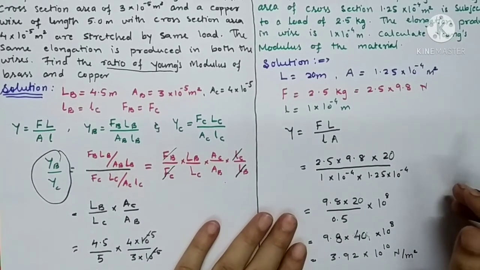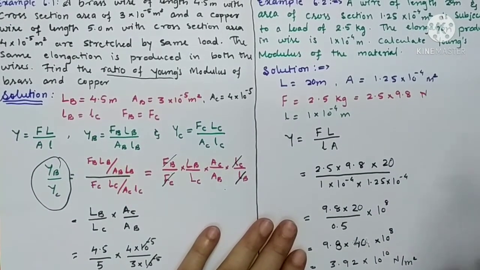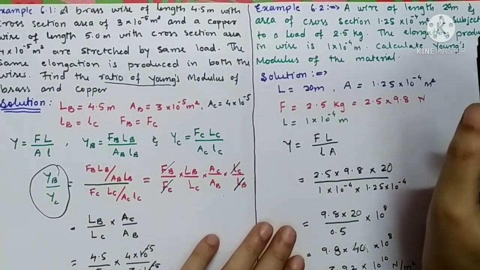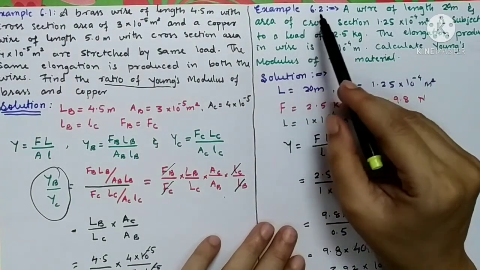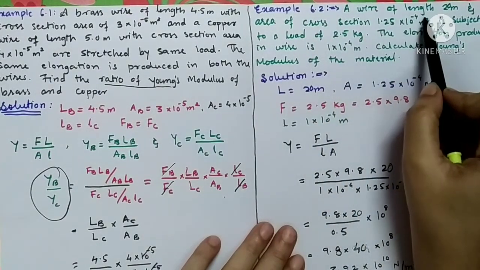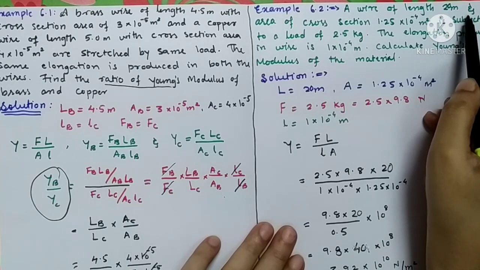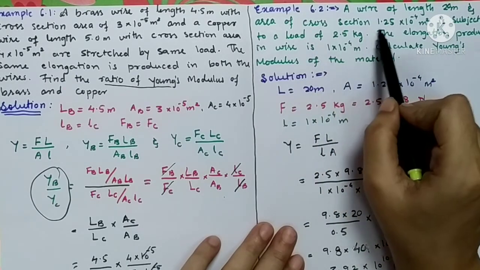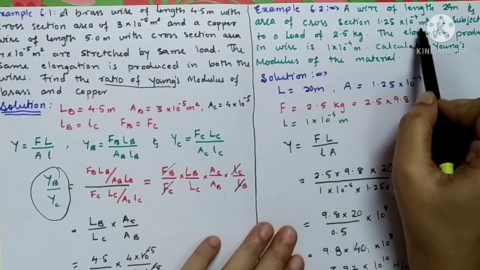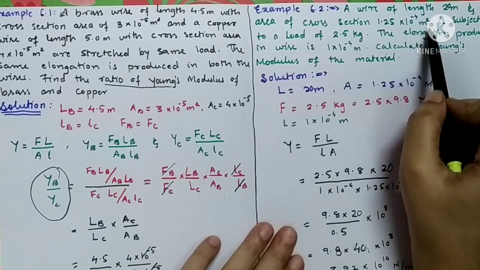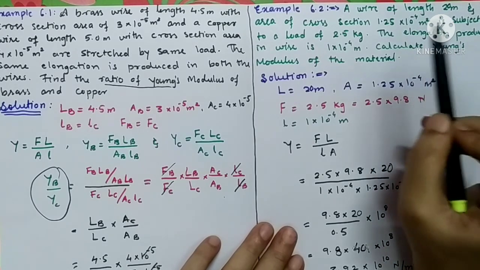Now let us consider the second example that we have to study. Let's see the statement first. Example number 6.2. A wire of length 20 meter and area of cross section 1.25 into 10 raised to minus 4 meter square is given.